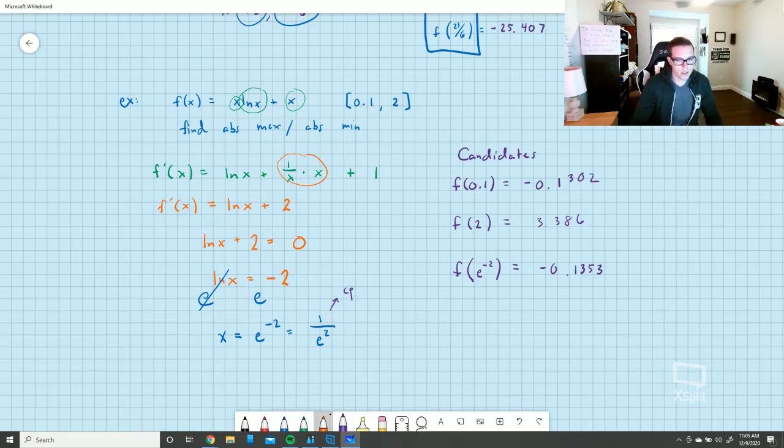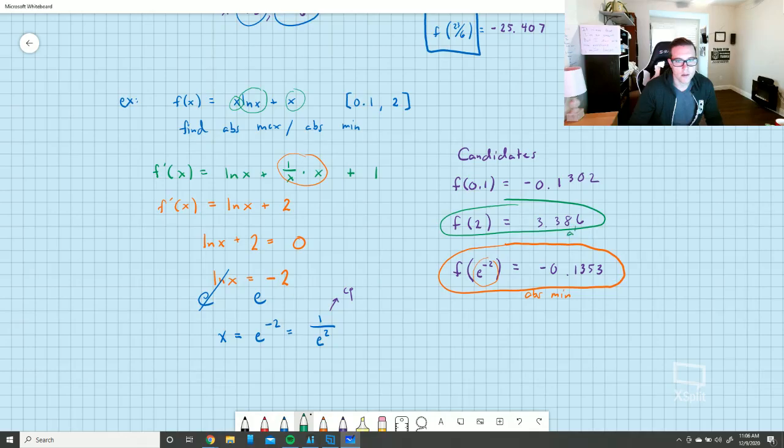So, who wins? Well, if you notice, this is the lowest value. That's your absolute min. So again, you could say it occurred at this x coordinate, and this was the value, negative 0.1353. And the absolute max occurred at the endpoint. So this was the absolute max. That's the idea.